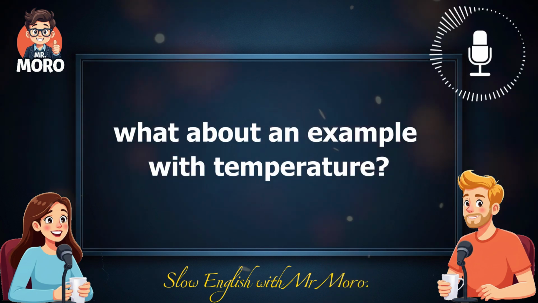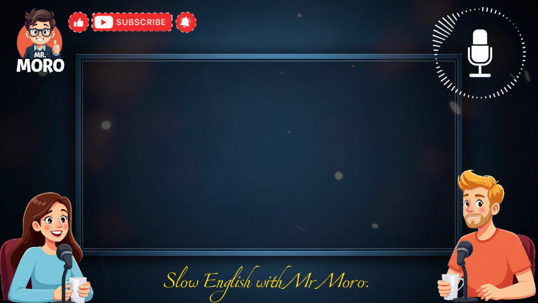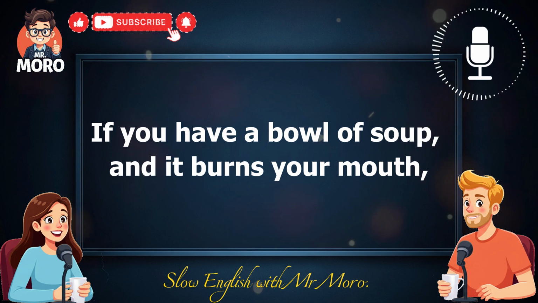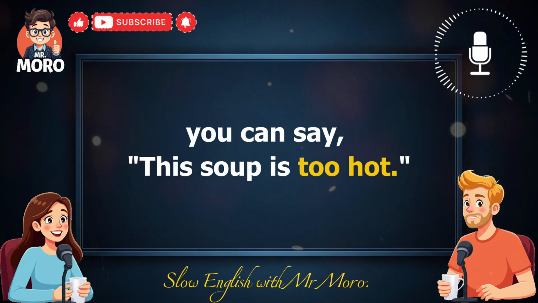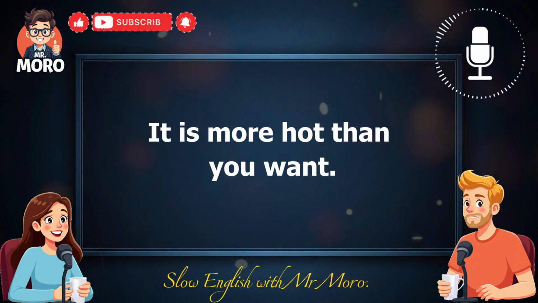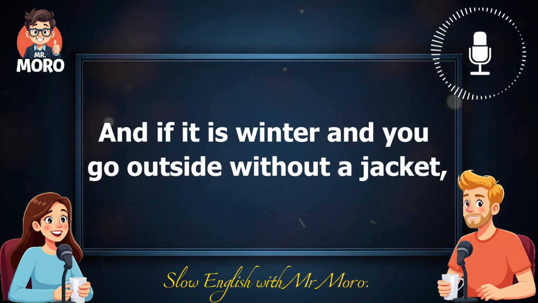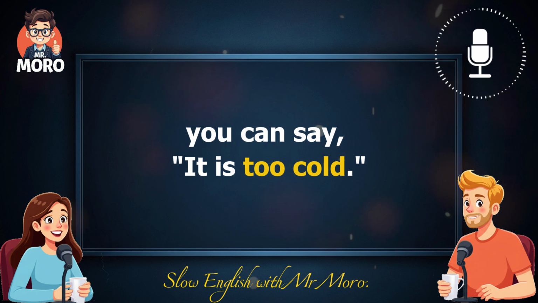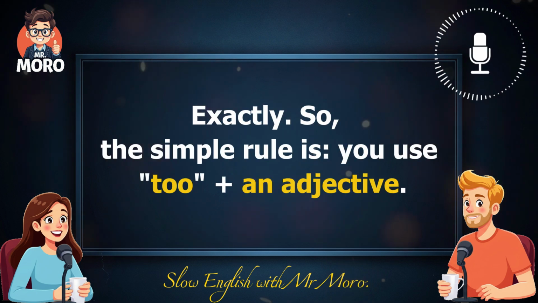What about an example with temperature? A great idea. If you have a bowl of soup and it burns your mouth, you can say, "This soup is too hot." It is more hot than you want. And if it is winter and you go outside without a jacket, you can say, "It is too cold. It is more cold than is good for you." Exactly.